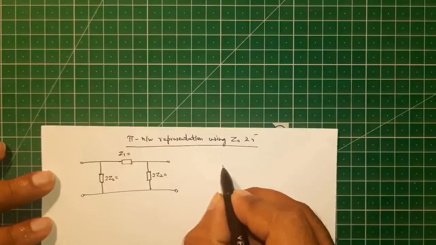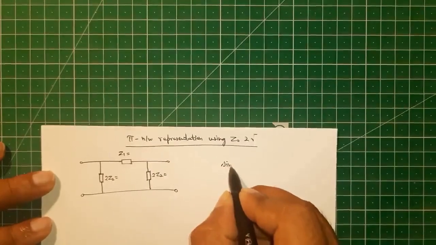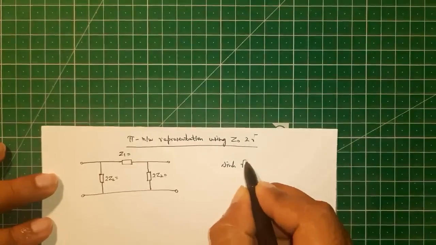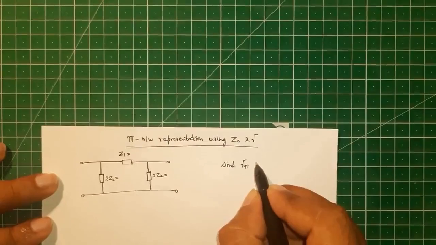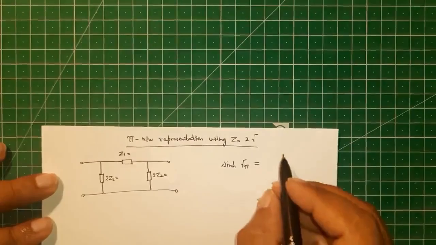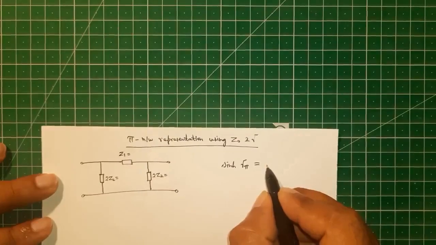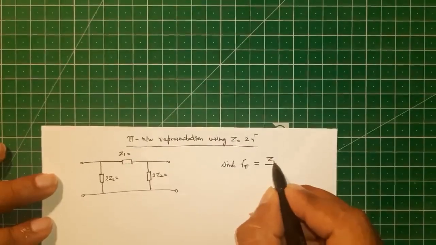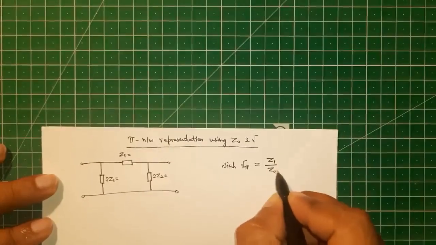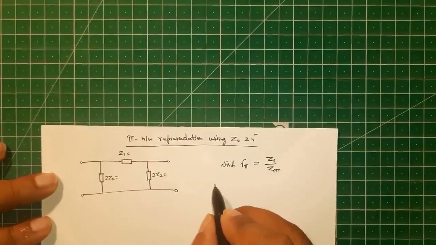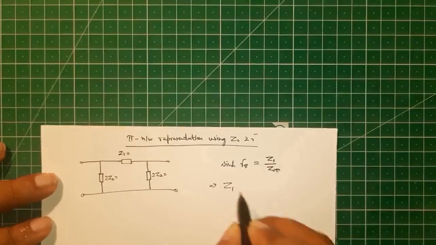Again, in the previous lecture we have derived the expression for gamma pi in terms of the characteristic impedance Z0 pi. So this is Z1 by Z0 pi. This we have derived. So what is Z1?